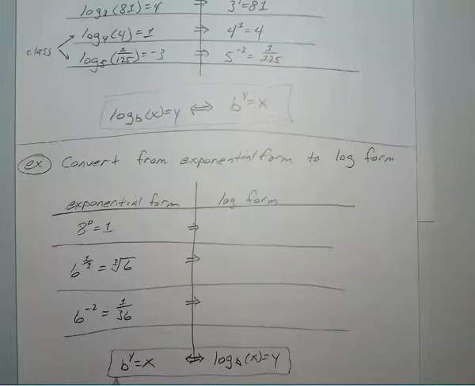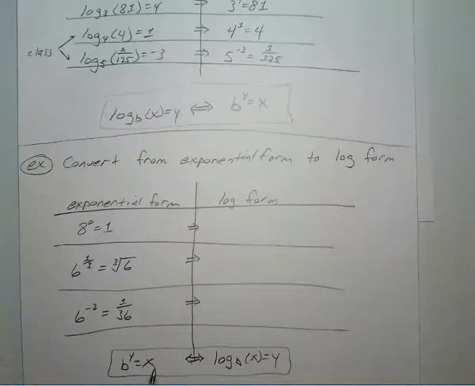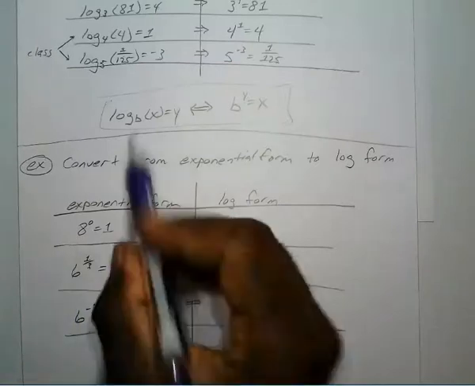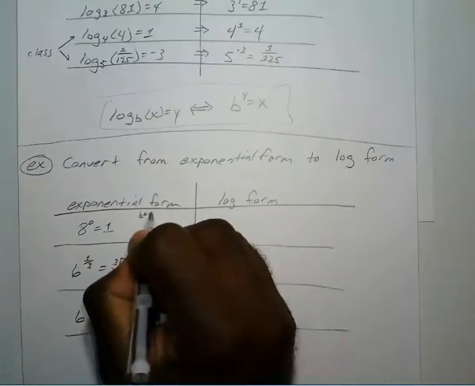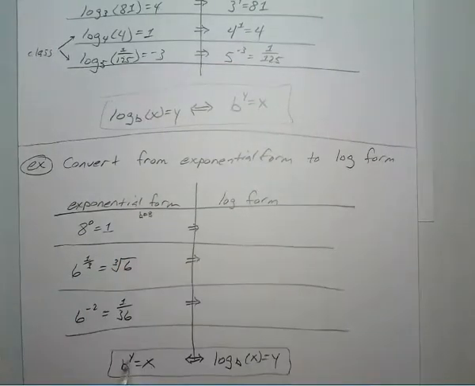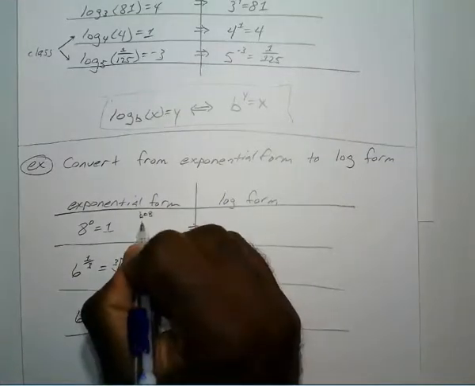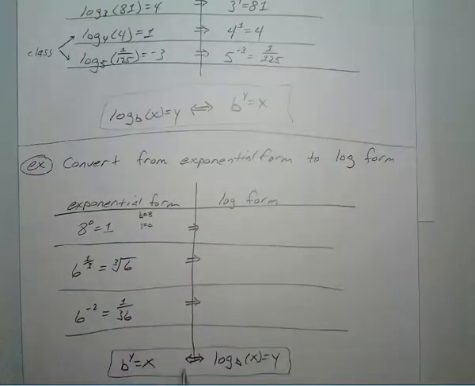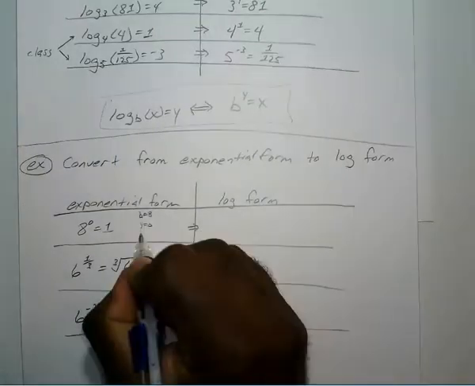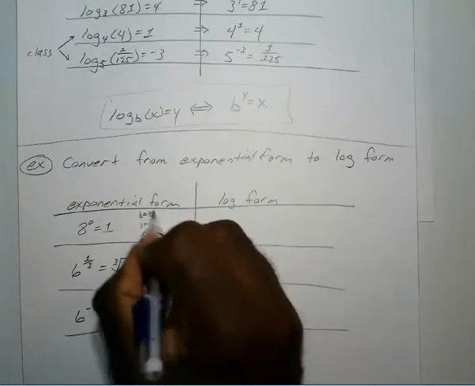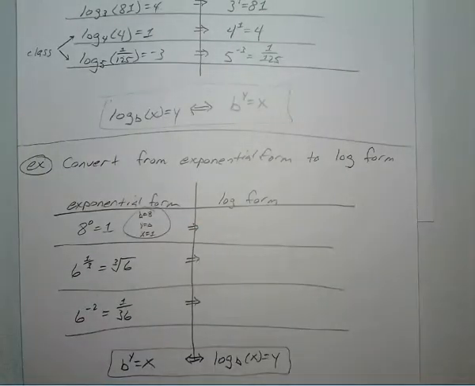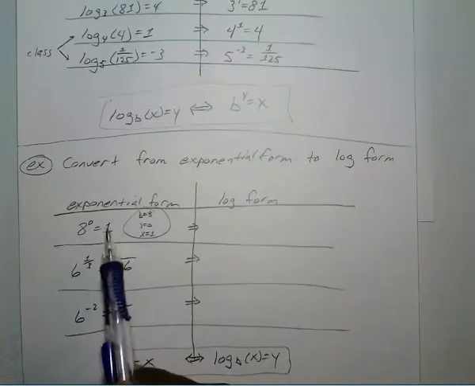Okay, so the first one, you have b to the power of y equals x. Okay, so here our base is equal to 8. So we have base is equal to 8 to the power of y. So y is equal to 0 equals x. So x would equal 1. Okay, so log base b of x equals y.